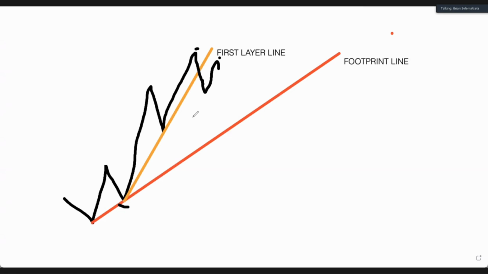But you must be very careful. Let's say, for example, I'm entering a sell trade on 1 hour. 1 hour has its own divergences. 30 minutes has its own divergences. 5 minutes also has its own divergences.